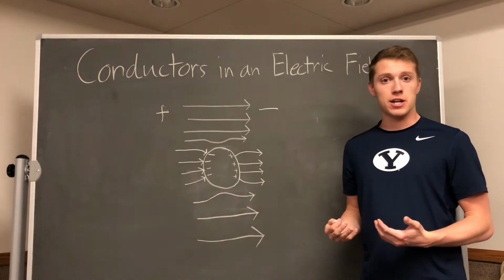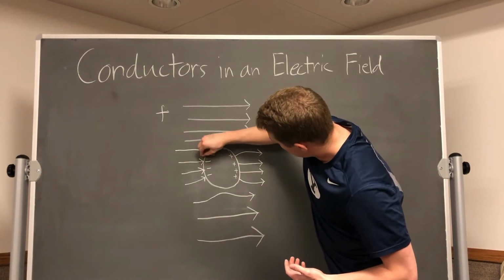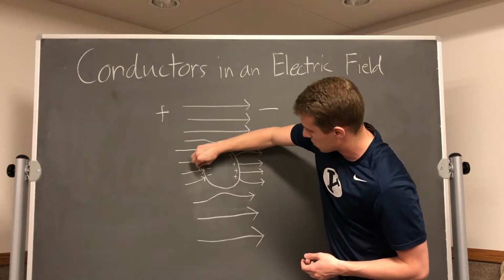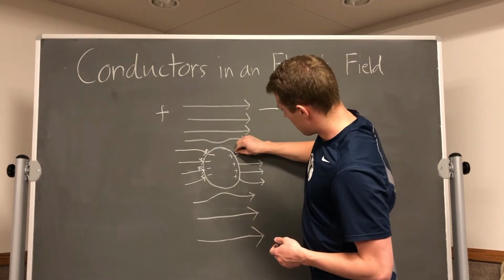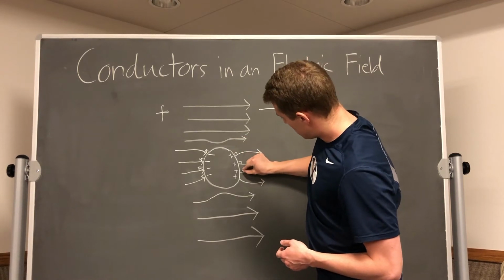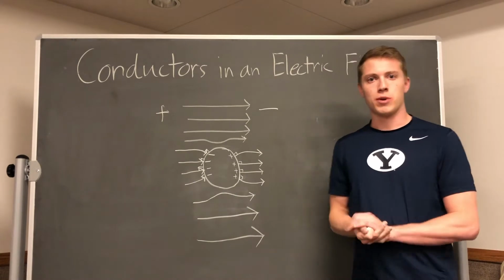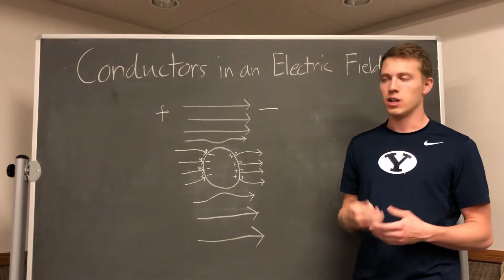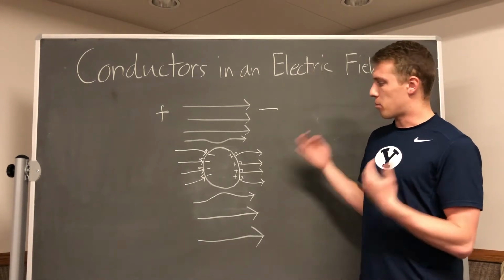So theoretically, I should be able to put some boxes showing that these lines are perpendicular at every single point where it hits the conductor. And I could do that for all of these. Again, it's hard to show, but it's true that field lines always interact with the conductor perpendicular to the surface of the conductor. So now we have our polarized conductor.